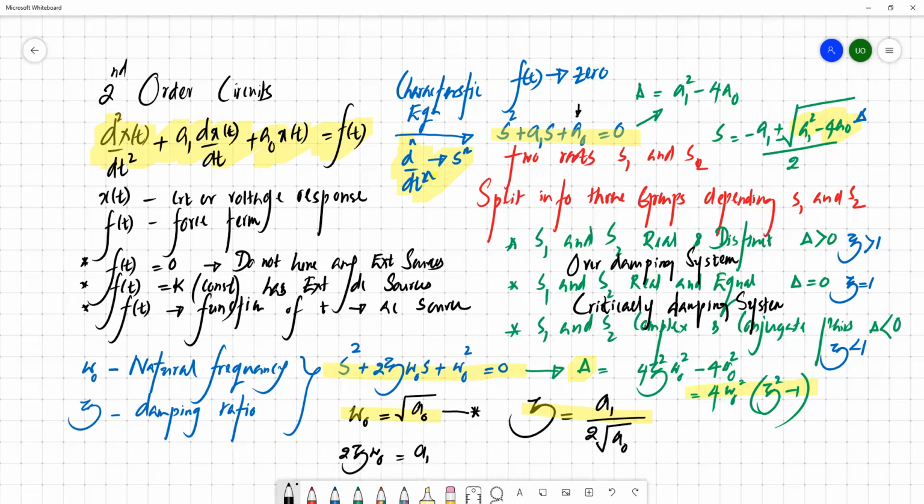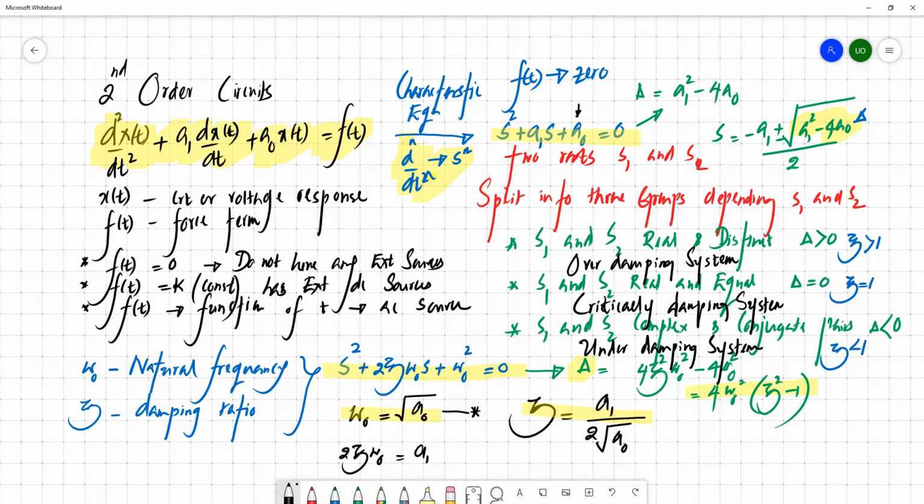The third is an underdamping system. Then depending on zeta, you can classify these second order circuits into three classes: overdamping, critical damping, and underdamping. So we can easily get these three systems classified based on zeta, the damping ratio of the circuit.